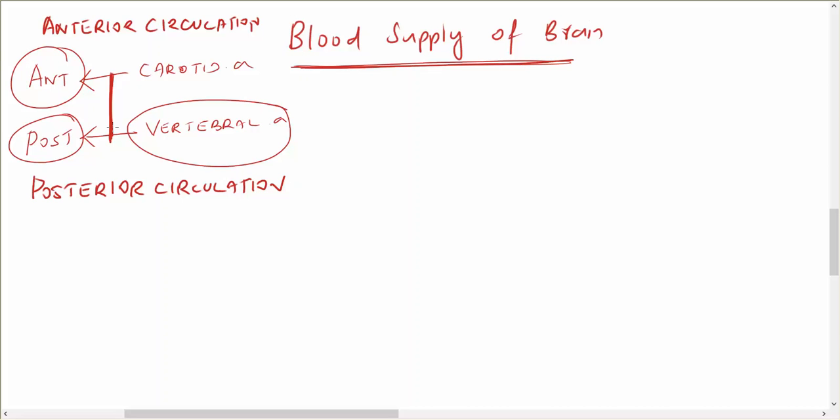If there is any defect in the supply, which area of the brain is affected, and how the clinical symptoms and signs are produced. If you understand this holistic view of the blood supply, then you will understand very well the cerebrovascular diseases, which we are going to discuss after the blood supply of the brain. So this is a brief introduction about what we are going to do now.